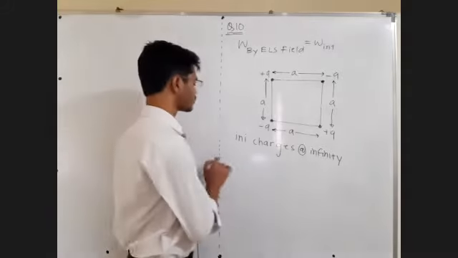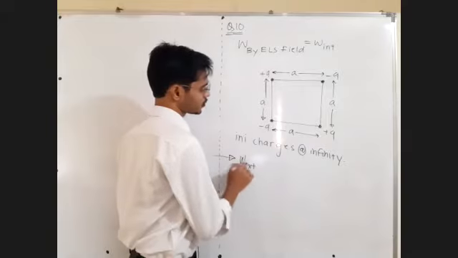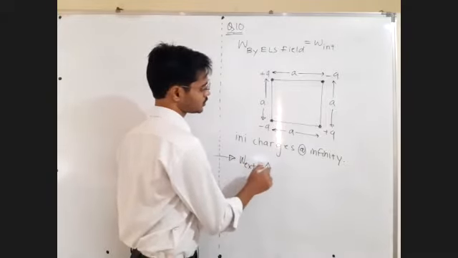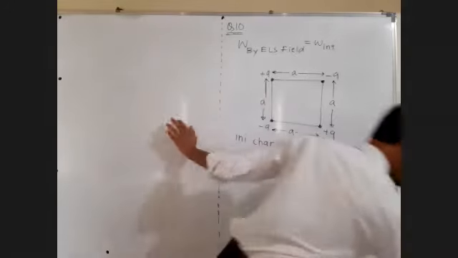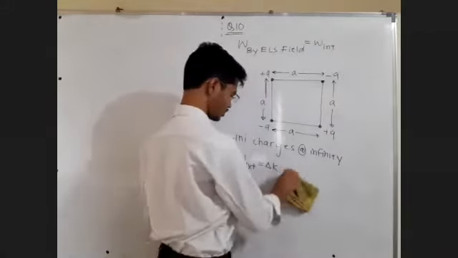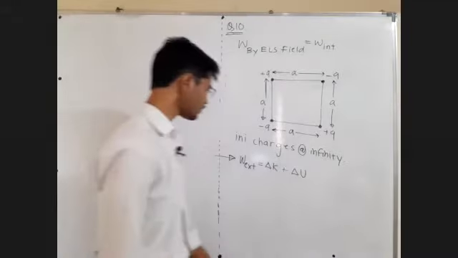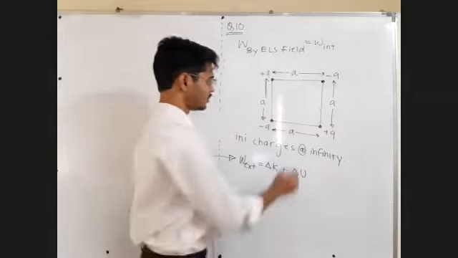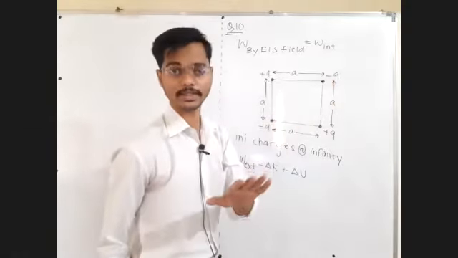Let's go with the fundamental. Work done by the external force on the system is equal to change in kinetic energy of the system plus change in potential energy of the system. Now we know that we are going to bring these charges from infinity to the given point without acceleration.